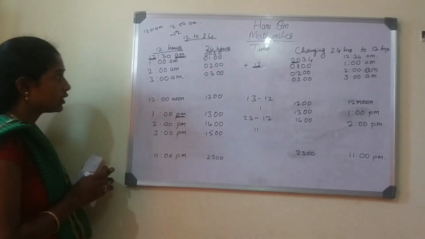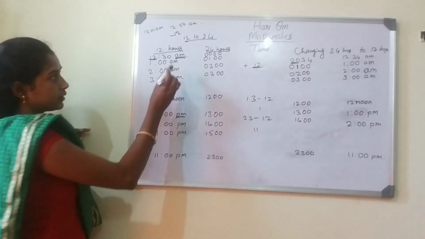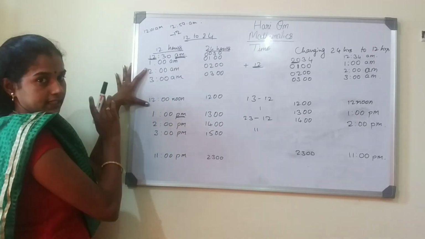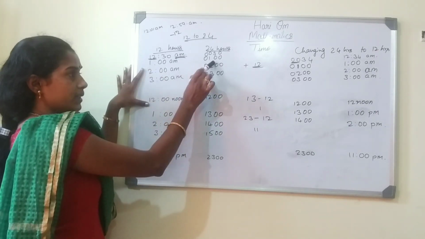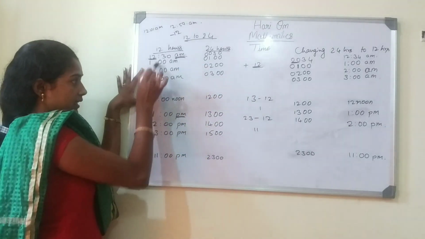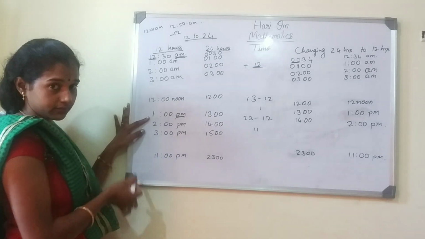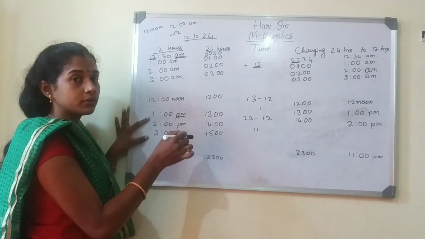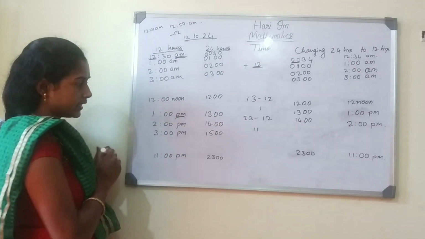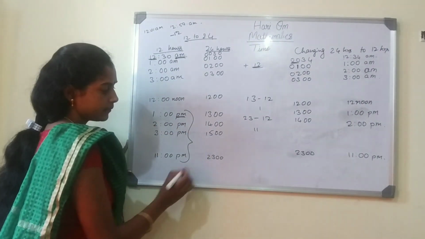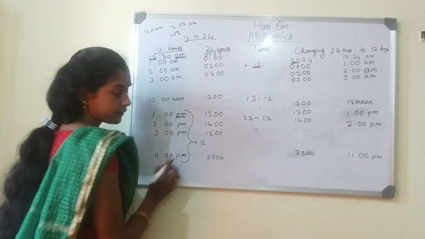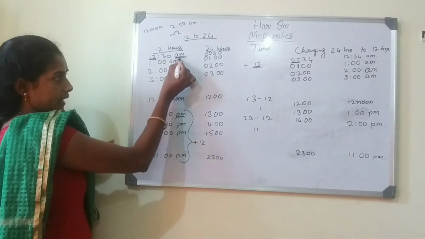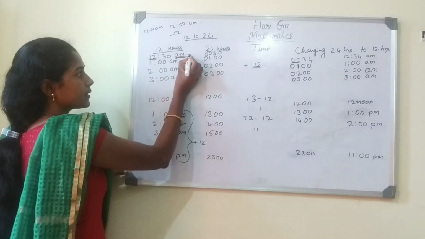So, in changing from 12 hours to 24 hours, from 1 to 12 a.m., there is no change. So 1 a.m. will be 1 hour, 2 a.m. will be 2 hour. If it is p.m., we are going to add 12. Only if it is 12 a.m., then we are going to subtract 12.